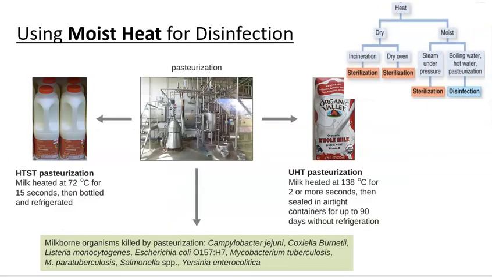And this is a good example of using moist heat, the idea of pasteurization. And when you look at this idea of pasteurization, you're really looking at the ability of heating these things up enough to a point where you reduce the number of microbes that are out there. And you can do what's known as a batch method, where you treat massive amounts of liquid.